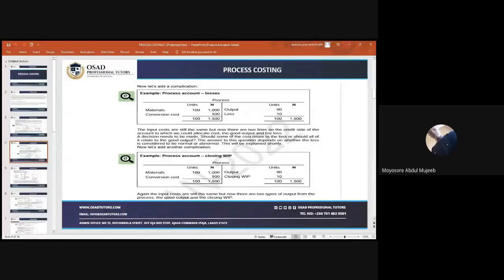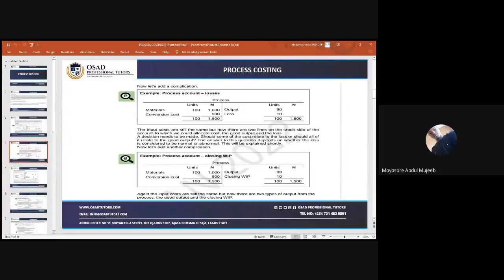After production, all we were able to gather to sell is 90 units. The 90 units that we made plus the 10 units lost should amount to 100 units. We still have the cost of 1,500 naira incurred on this production.